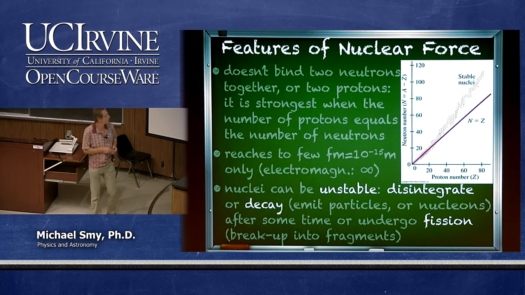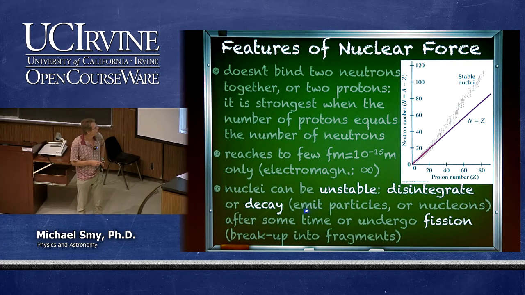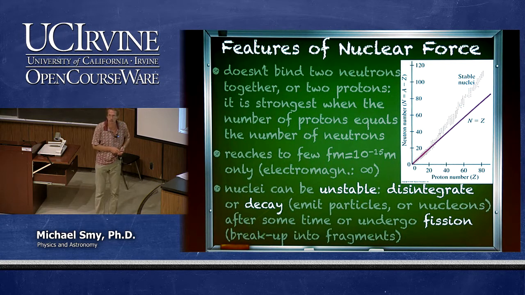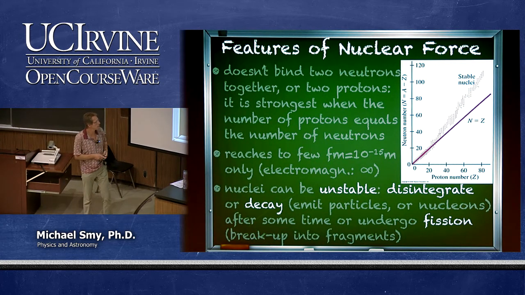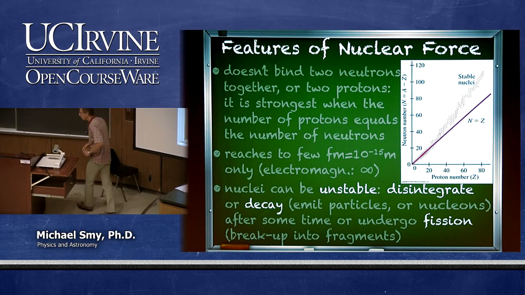In the worst case, they completely break apart, and that means that they emit particles or nucleons after some time, and they can even undergo fission, which means that they break up into fragments.